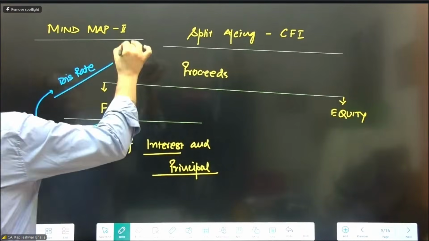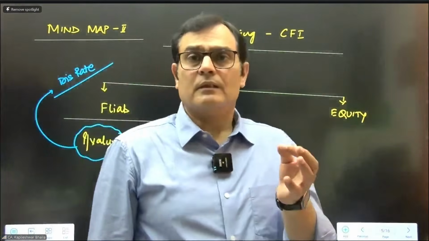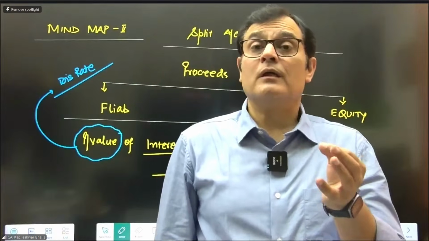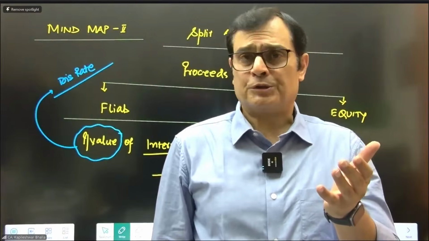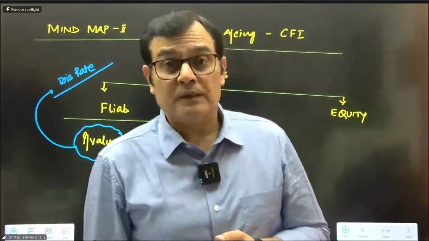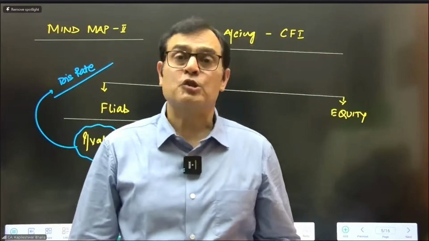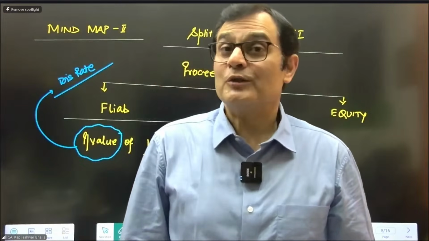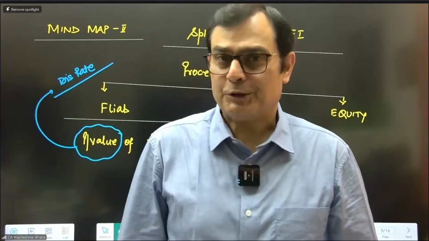What is that discount rate? We need to consider the rate of interest on a non-convertible instrument, which of course is given in the question. And I always tell people that if you're given the interest rate on a non-convertible instrument in the question, that is also indicative of the fact that it's a compound financial instrument in nature.